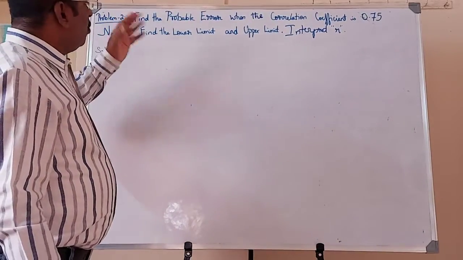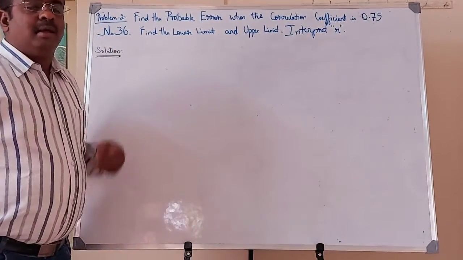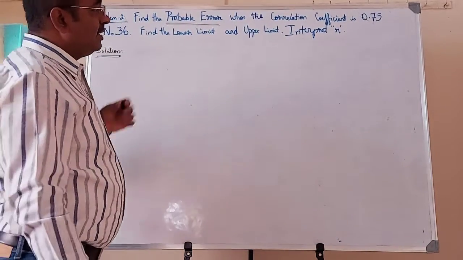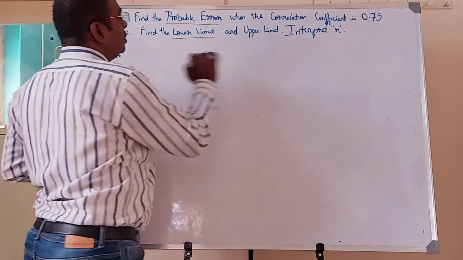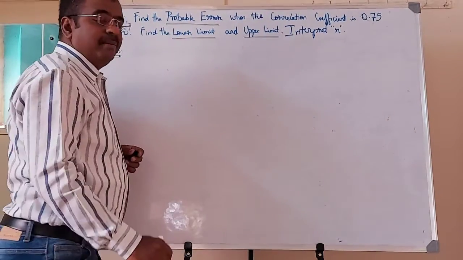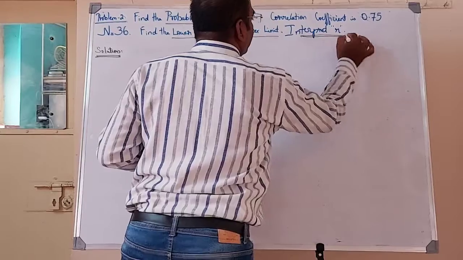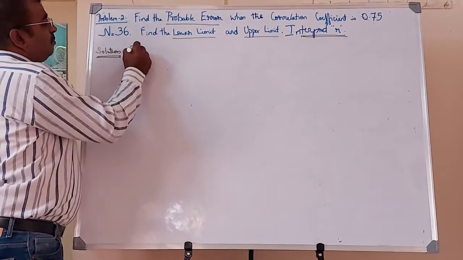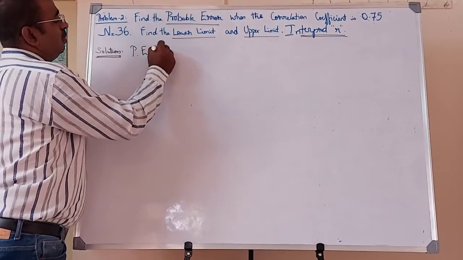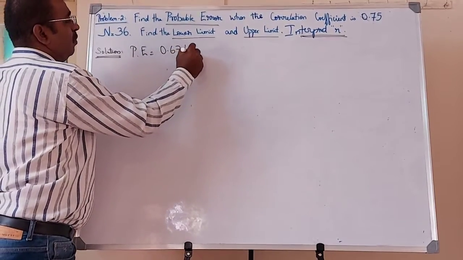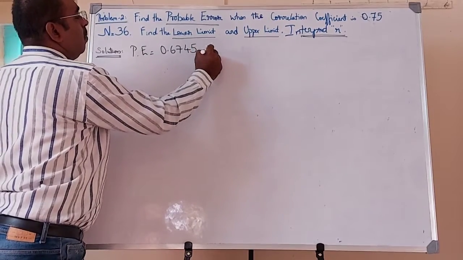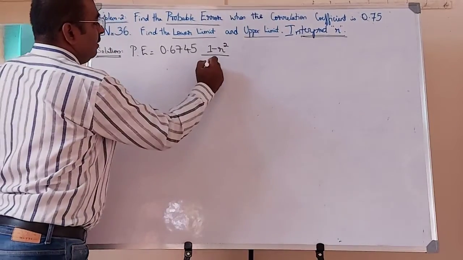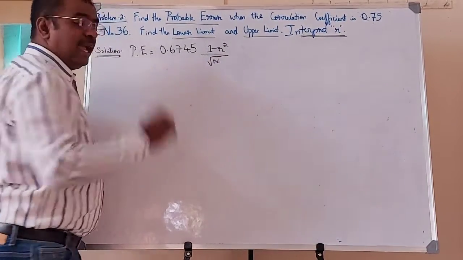Let us solve one more problem to understand how to compute probable error, number one. Second, let us find out the lower limit and the upper limit. And finally, let us interpret what is the value of R. So we know that the value of probable error is equal to 0.6745 into 1 minus R square, that is correlation the whole square, divided by square root of n.